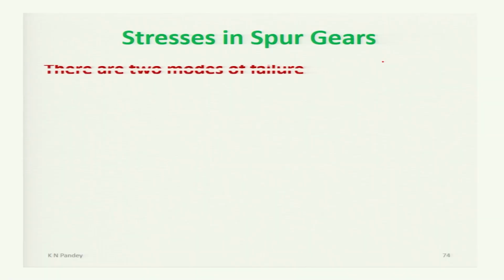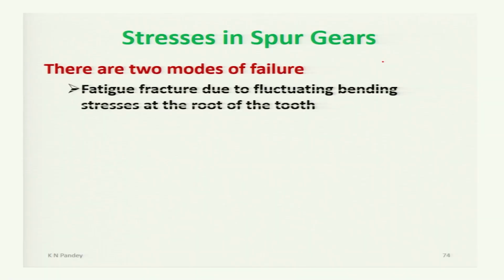So knowing this force, or knowing the force which acts along the line of action, now we can find what stresses will act on a gear, and that will be in fact on a gear tooth. So there are two modes of failure: fatigue fracture due to fluctuating bending stresses at the root of the tooth.